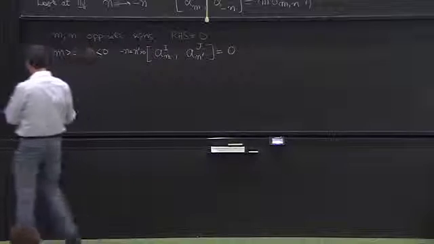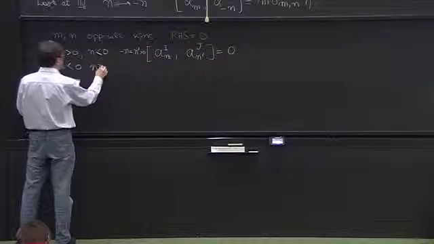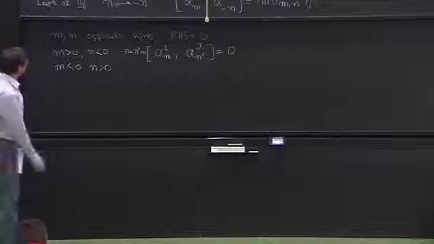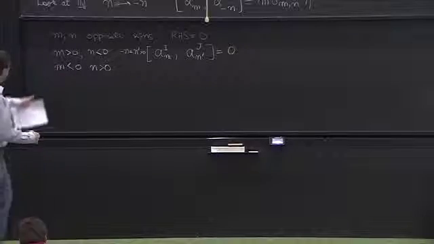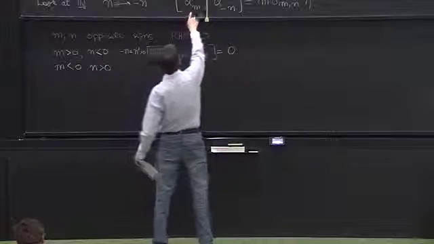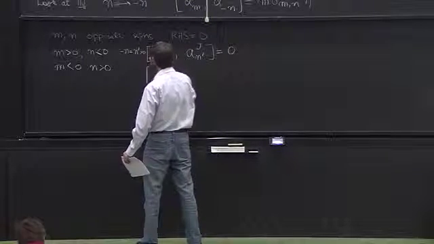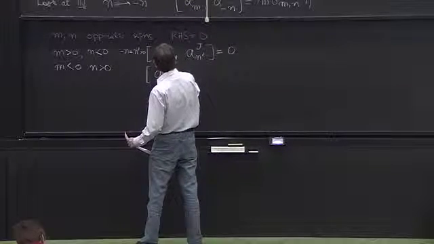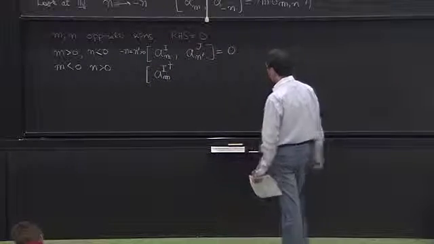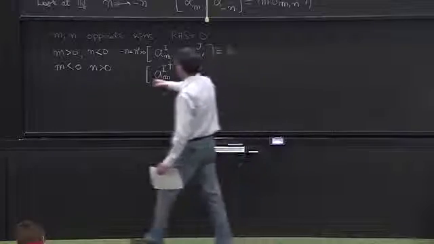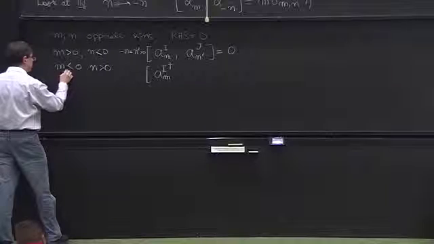If you take m negative and n positive, you do the same thing. If m is negative, this is of this form, so you have here an a m i dagger. But this is with m prime. I'm sorry, I didn't write this very well.